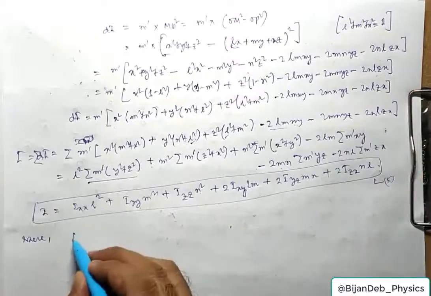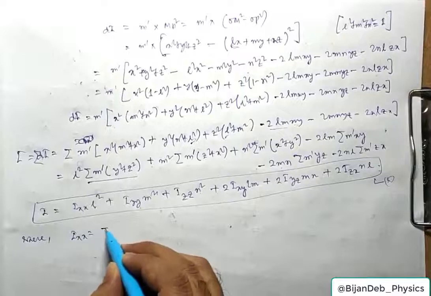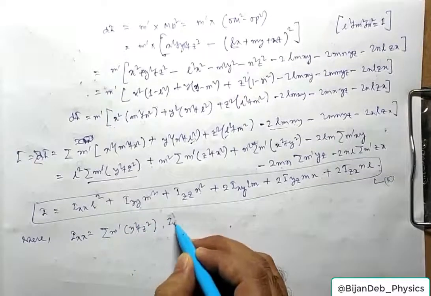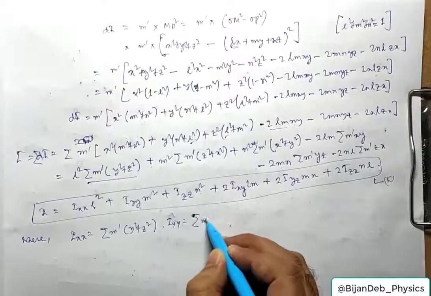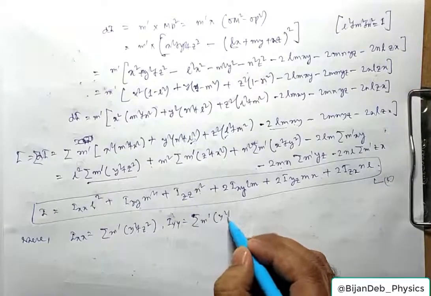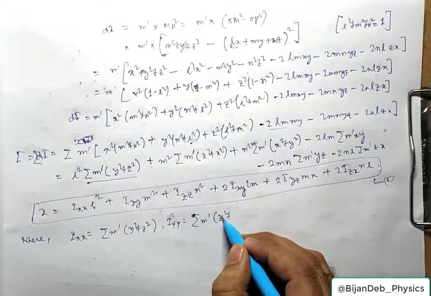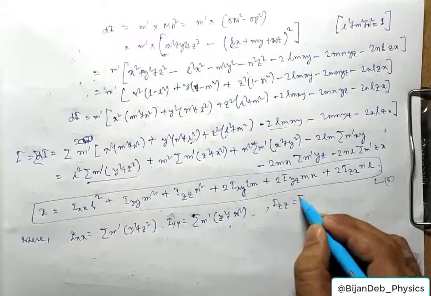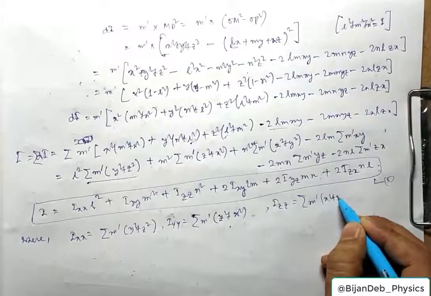Now where I have used the notation, Ixx is summation of m prime, y square plus z square. Similarly Iyy is z square plus x square, and Izz, right, x square plus y square.